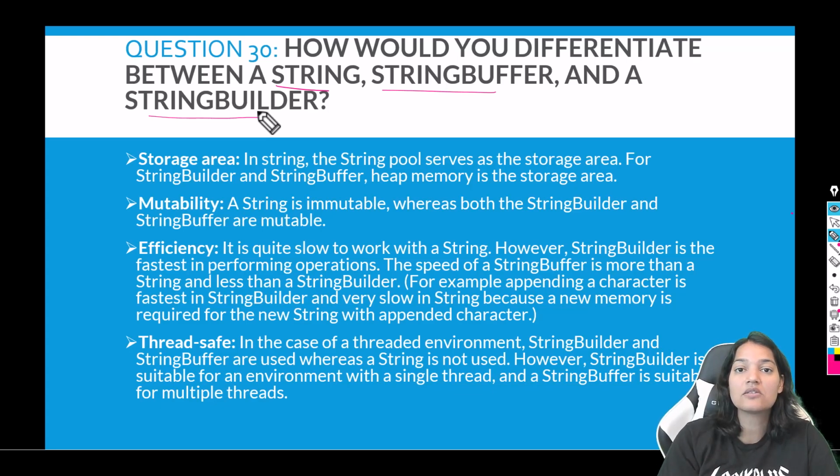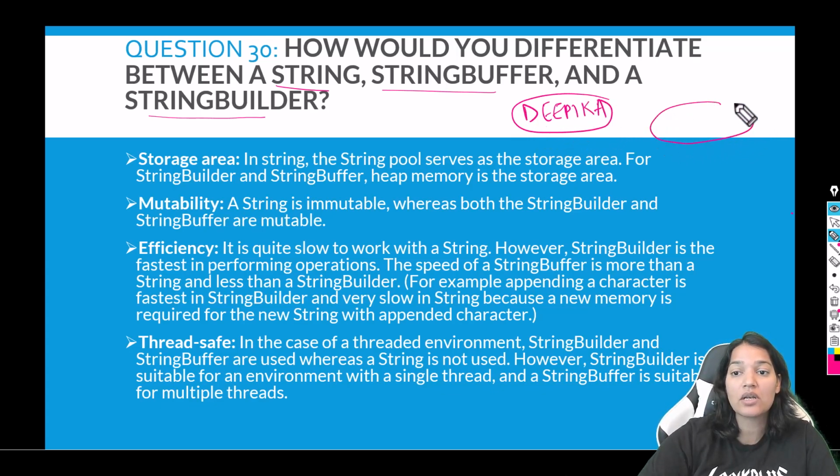So String is an immutable object, which means you cannot modify a string once it has been created, but you can create as many strings as you want. Whereas StringBuffer and StringBuilder are mutable. If you created a string called Deepika and now you want to add something called Khana at the end, in the case of String, Deepika will be there and another string will get created with the name Deepika Khana.